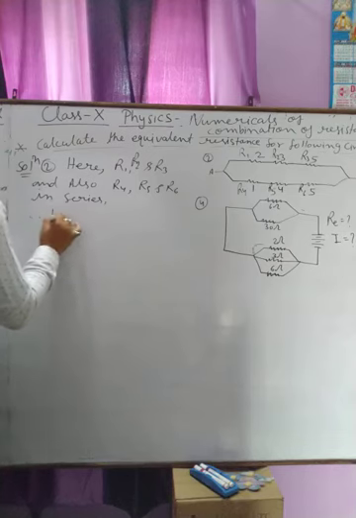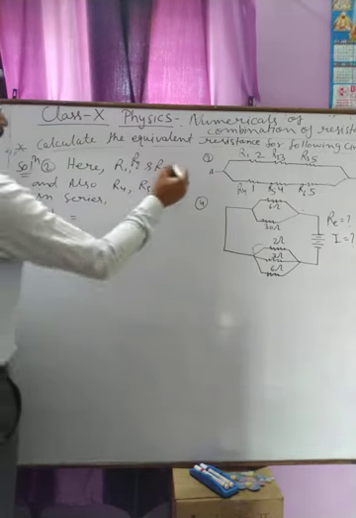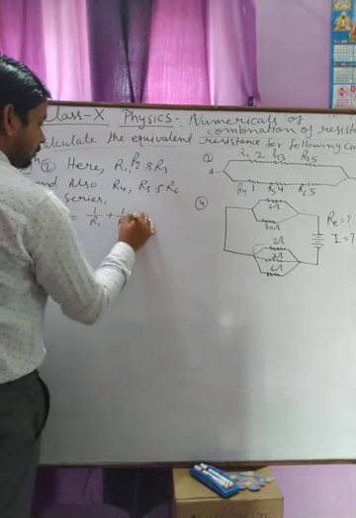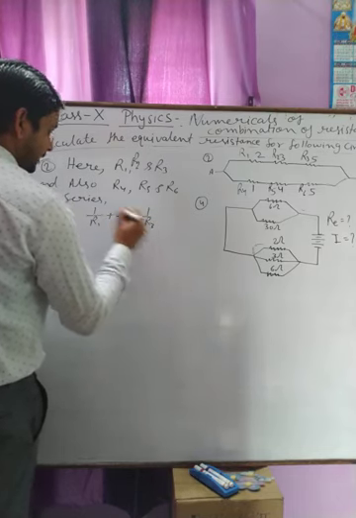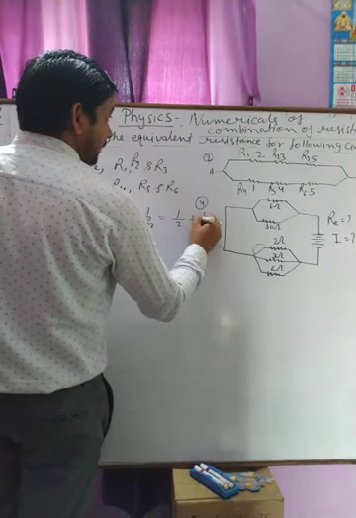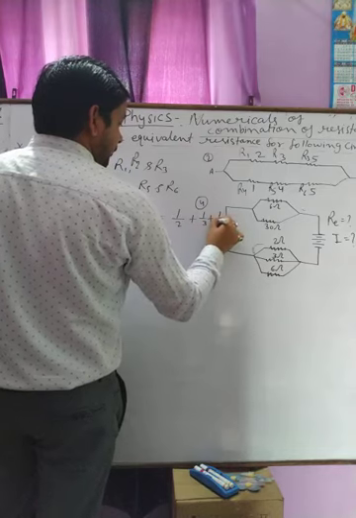Therefore, R1, 2, 3: 1 upon R123 is equal to 1 upon R1 plus 1 upon R2 plus 1 upon R3, that is 1 upon 2, 1 upon 3 plus 1 upon 5.